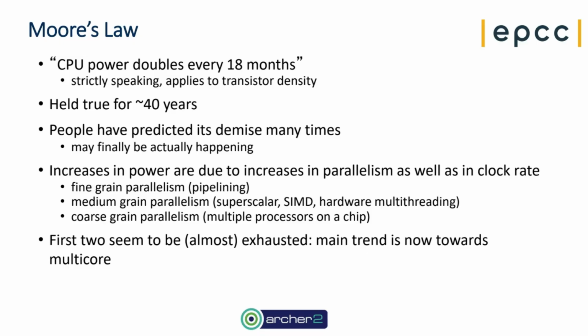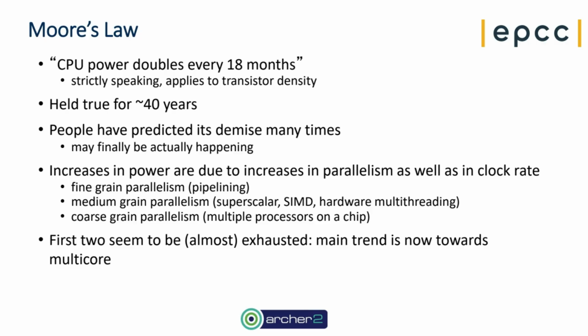And in terms of hardware design, the first two of those, the fine grain and the medium grain, seem to be pretty much exhausted, in the sense that there don't seem to be any further realistic gains to be had from those technology innovations.